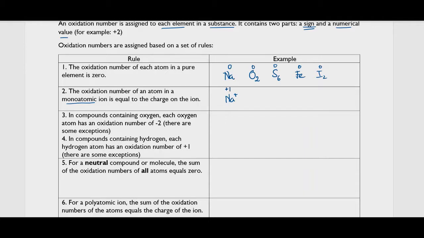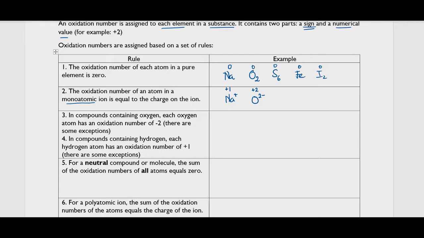If I have an oxide ion, so it's still a monoatomic ion, the ion contains 1 atom only. The charge of this ion is 2 minus, then the oxidation number, which is always written above the element, is going to be negative 2.